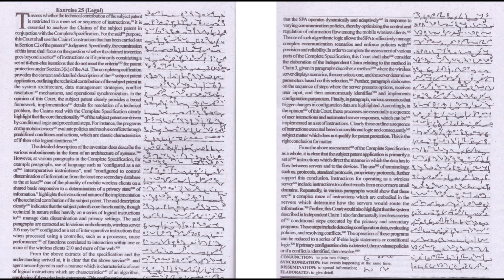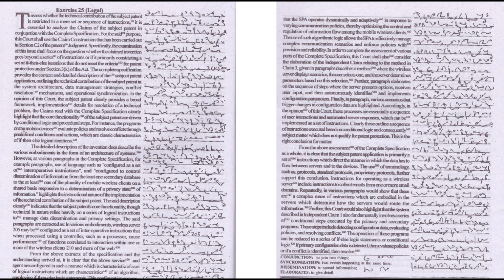The said description clearly indicates that the subject patent's core functionality, though technical in nature, relies heavily on a series of logical instructions to manage data dissemination and privacy settings.